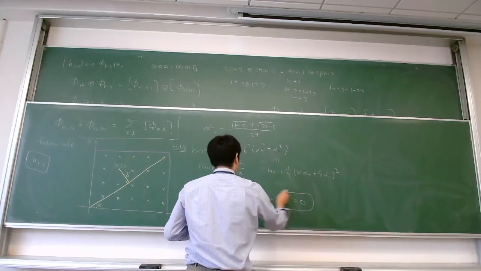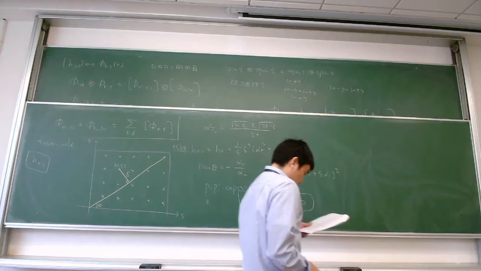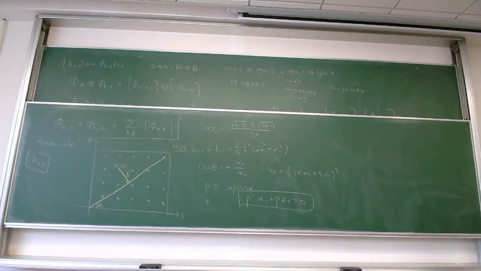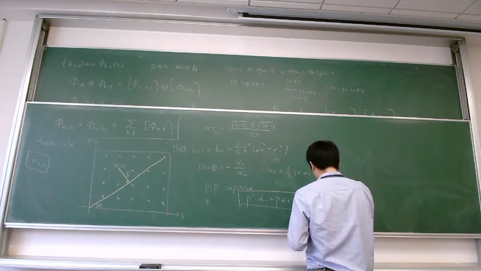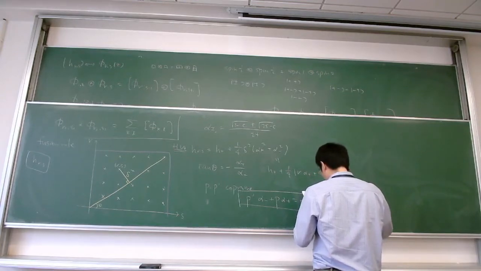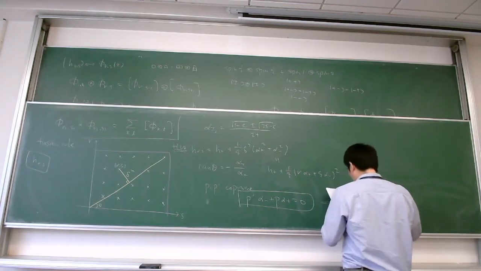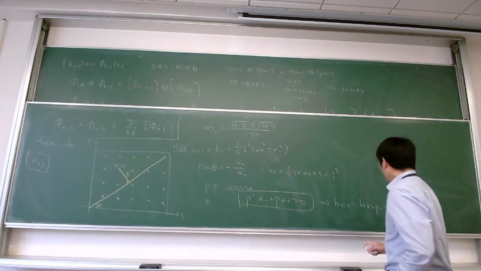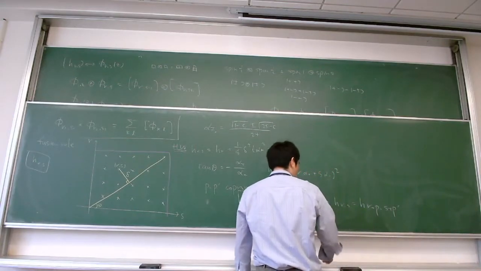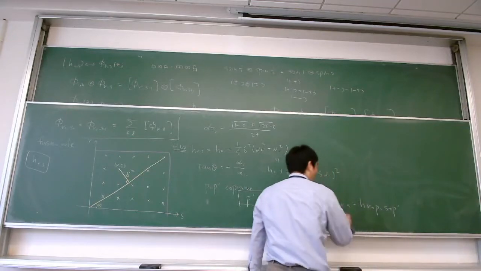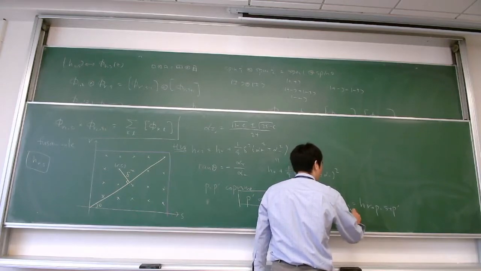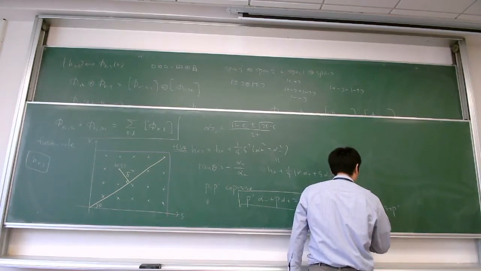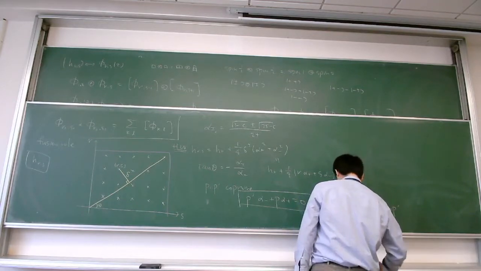When this condition is satisfied, something special happens. Of course, H_RS is equal to H_{R plus p, S plus p prime}. In other words, the left-hand side matters only mod p, and the right one is mod p prime.